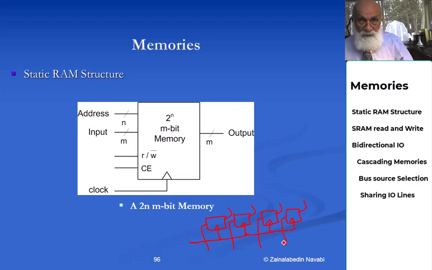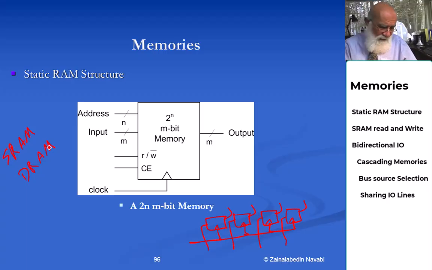Of course, there are various types of memories. For example, we have static RAM, meaning that they are static: when you clock it, you put some data in it, it's there, and it's there for as long as the power is there. We also have DRAM, dynamic RAMs, meaning that they have to be refreshed every once in a while.